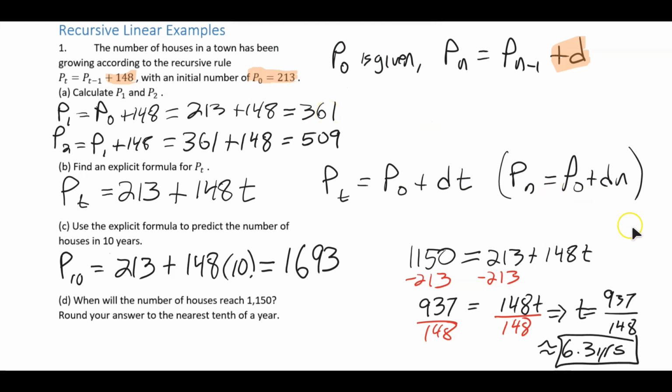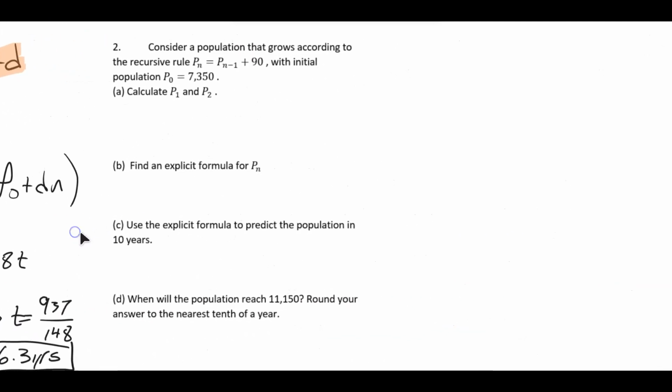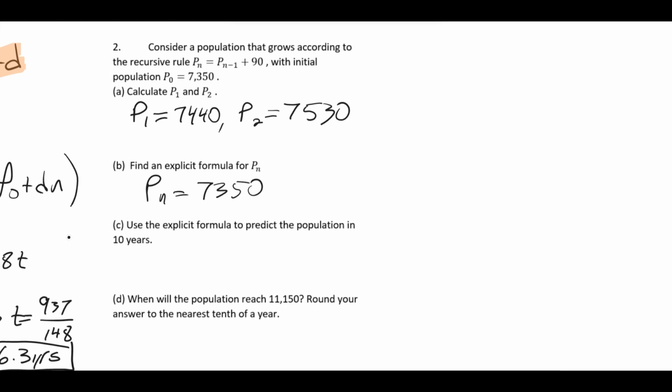Okay, now pause the video while you work out question number 2. What you should get is P sub 1 equals 7,440. P sub 2 equals 7,530. The explicit formula is P sub n equals 7,350 plus 90n.